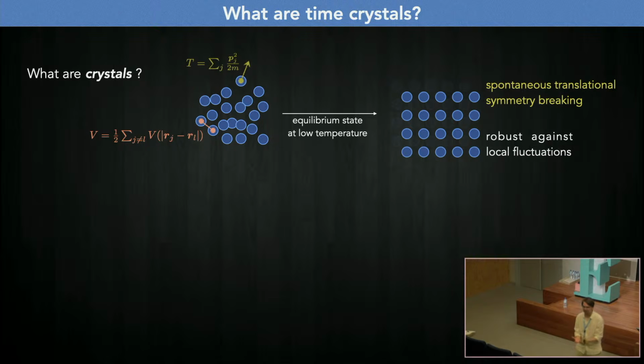It has to be robust against, for example, thermal fluctuations that we were talking about. And of course, even quantum fluctuations. If the crystal is not robust against fluctuations, in particular local fluctuations, then we cannot consider it a crystal. It will be an organized structure of some sort that is very sensitive or very fragile, and it can still be interesting, but it's not a crystal.